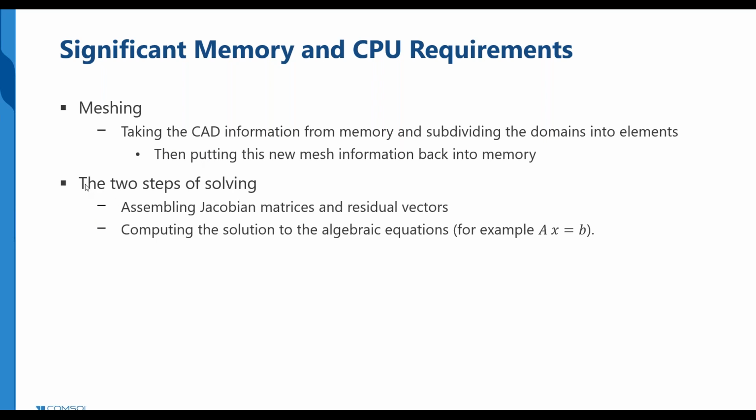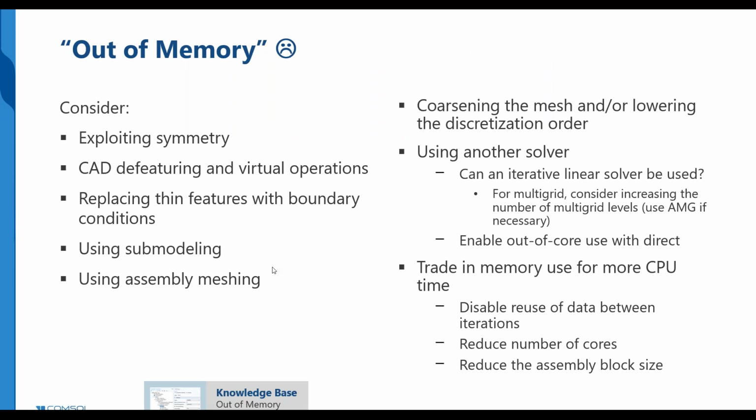But in most cases, the solving part, the assembly of the matrix and residual vectors, which almost always come in conjunction, and computing the solution to the algebraic equations, these two steps are most resource demanding.